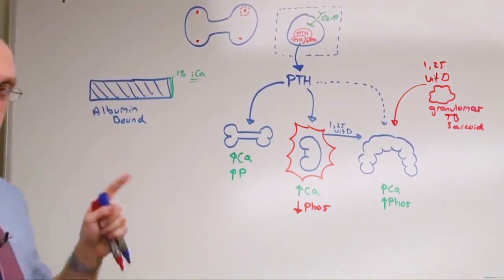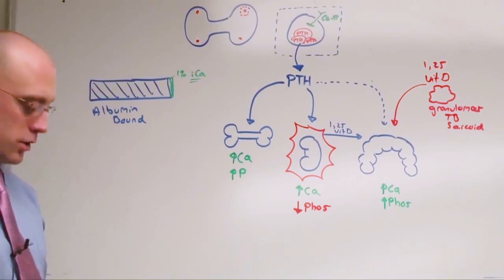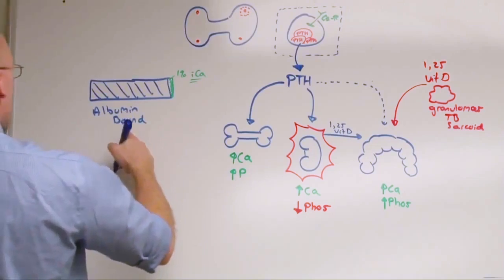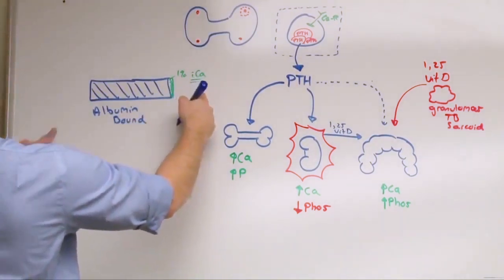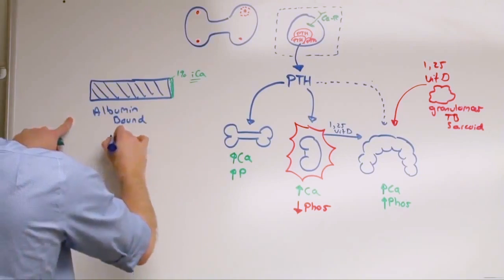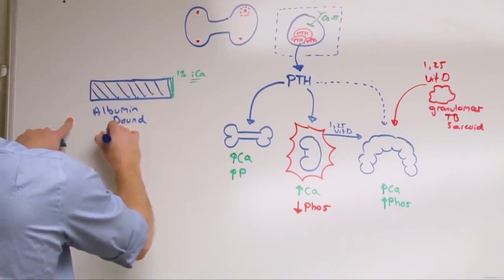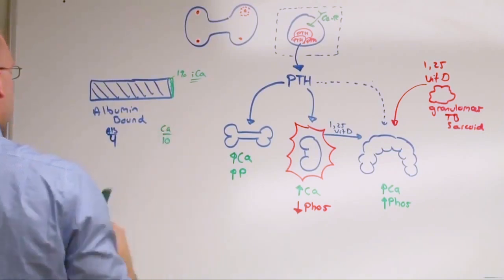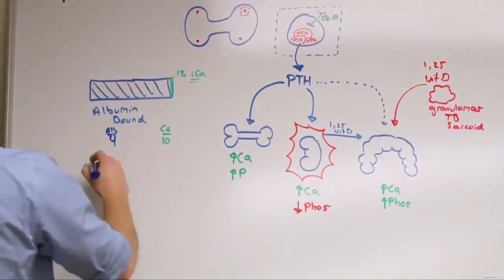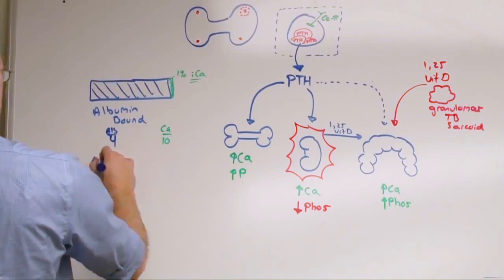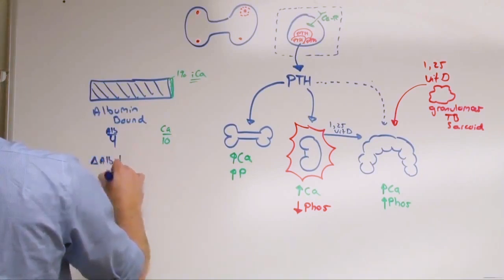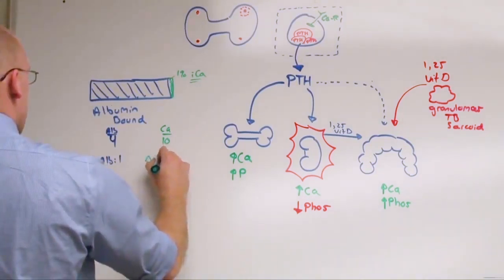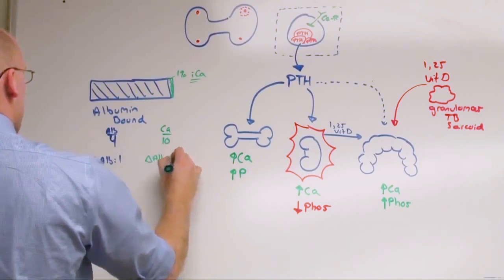But you can assess a poor man's version without actually getting an expensive test by comparing the amount of albumin to calcium. A normal albumin is 4. A normal calcium is 10. For every change in albumin of 1, the calcium changes in the opposite direction by 0.8.